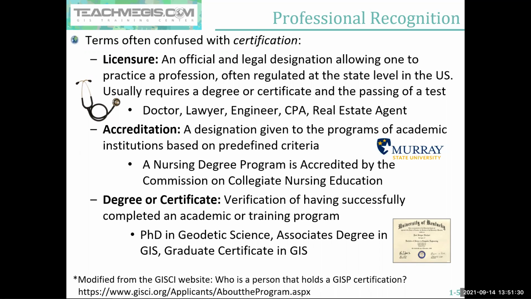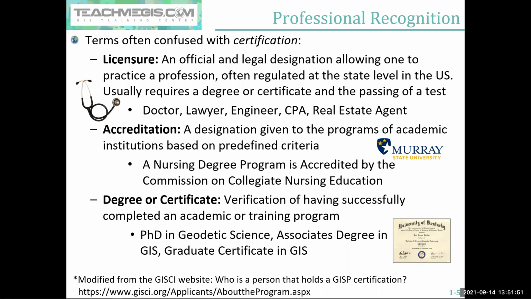And then a degree or a certificate is a verification of having successfully completed an academic or training program: a PhD in geodetic science, an associate's degree in GIS, a graduate certificate in GIS, or a certificate of completion in one of the TeachMeGIS training programs.